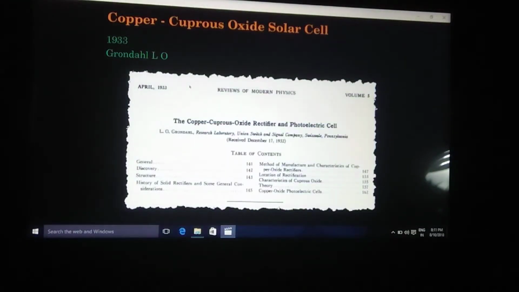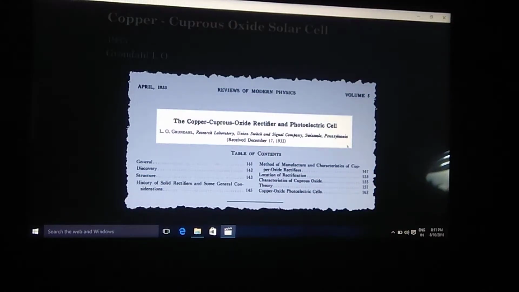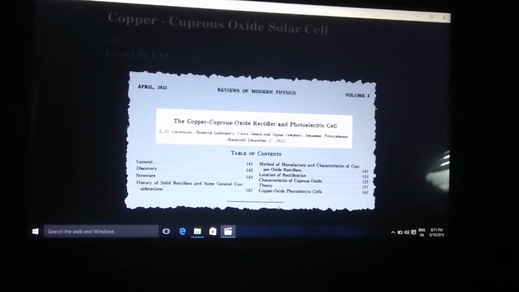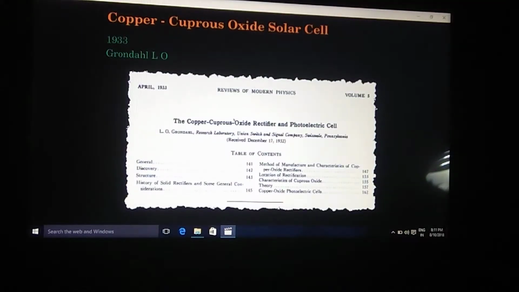He published numerous papers, out of which this particular article in 1932, the copper cuprous oxide rectifier and photoelectric cell, gives great detail into the manufacturing process of the photoelectric or the solar cell. This copper cuprous oxide solar cell became quite popular because of its low cost of production.